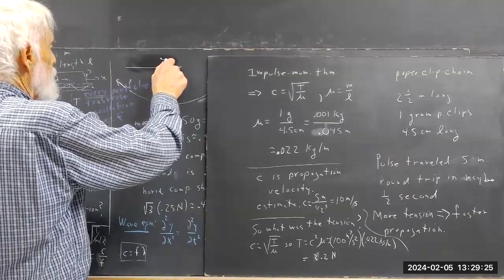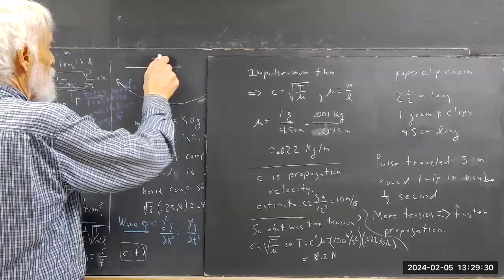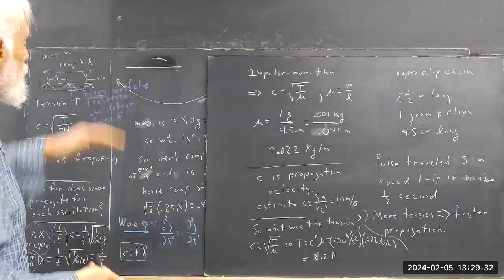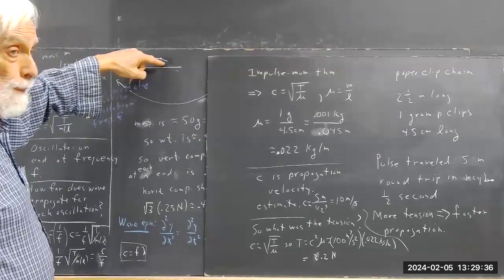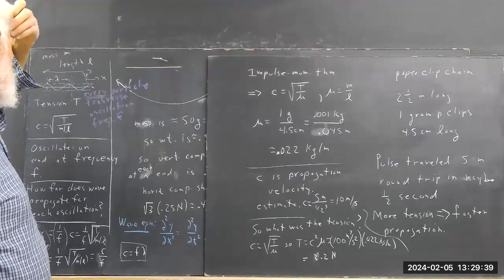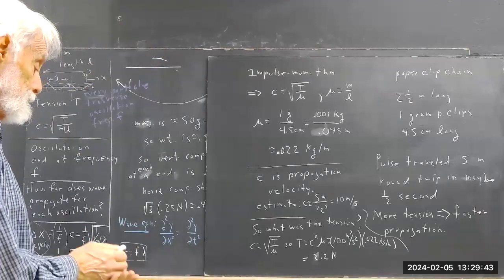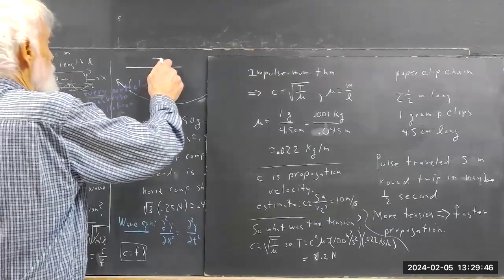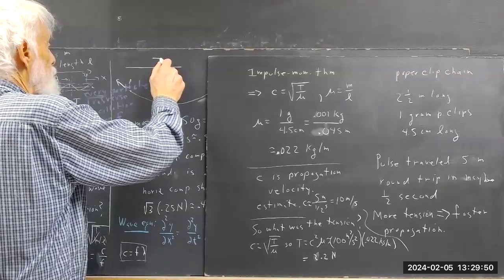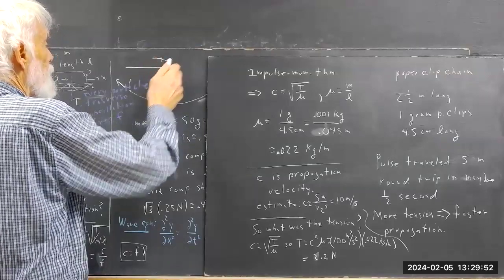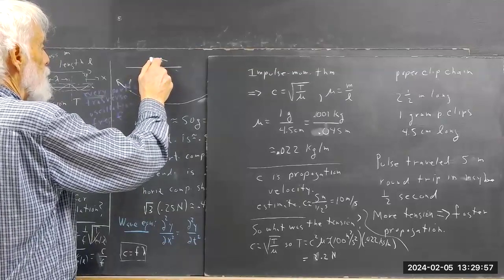Here you've got a segment of the wave to the right, and here you've got a segment of the wave to the left. You have a downward concavity so that this segment makes a different angle with horizontal than this segment. This segment has a greater component of the tension, which is downward in this case, than this segment, which has a small upward component.